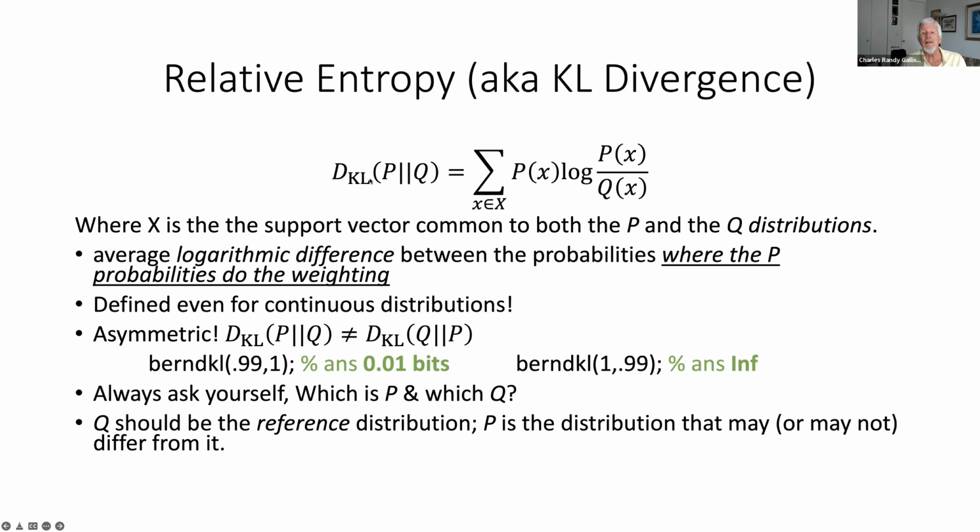This gives you the average number of bits of memory that you will waste if you encode the P distribution using the efficient code for the Q distribution. Okay, so if we create a really efficient code for the keys on the keyboard, to do that, we will need a ton of data on how often people bang the different keys, right?